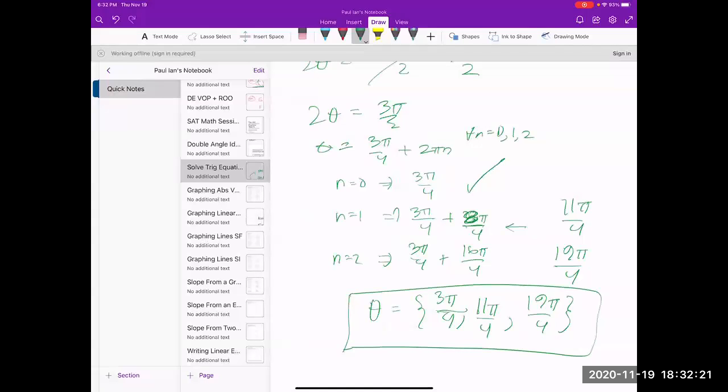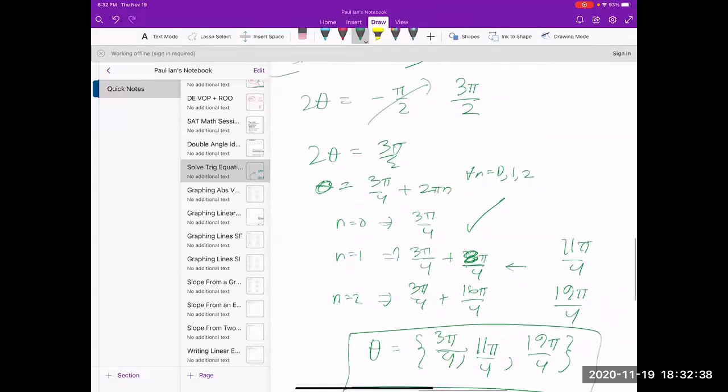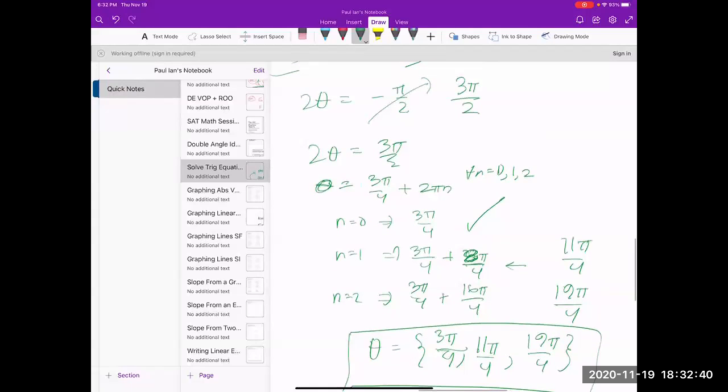I did do that one already, and that's why I got 3 pi over 4. This is up to 4 pi, right? The sine of -1 is at 3 pi over 2, right? Yeah. But then you divided by 2 before. I divided by 2 after.